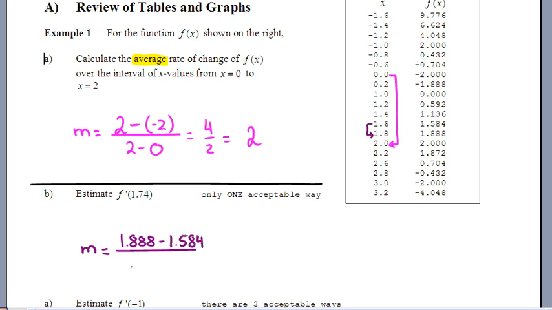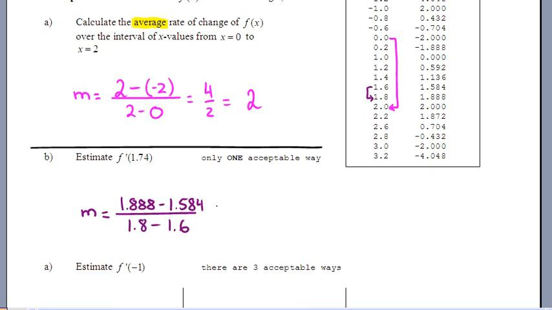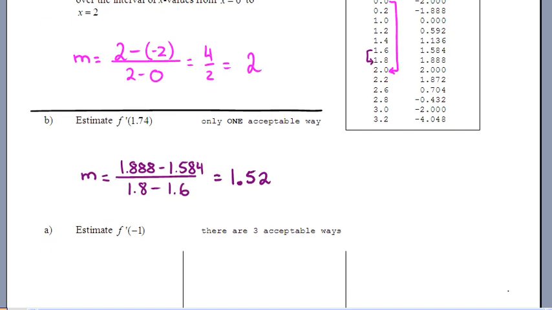And then the difference in the x values, well, we finish up at a 1.8 and then subtract the 1.6. So I'm not really too worried about the answer. You know, if you want to know what it is, it's 1.52. Okay, great. That's all very nice. But what's the key thing? If you're asked to try to do an estimate of the derivative, for an x value that's in between two rows, take the row that's immediately before and after it, and then go from there. That's the only acceptable way to do your best estimate of the derivative.